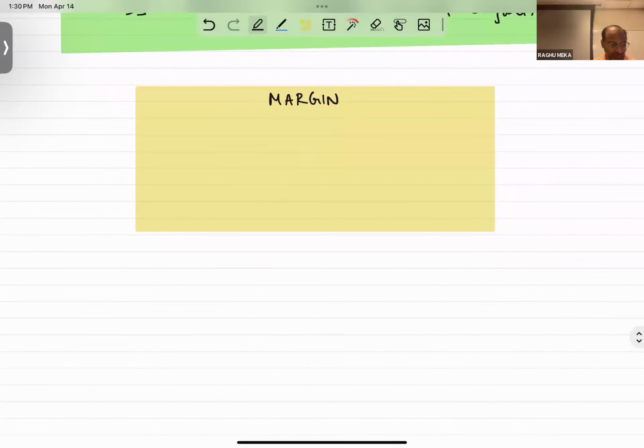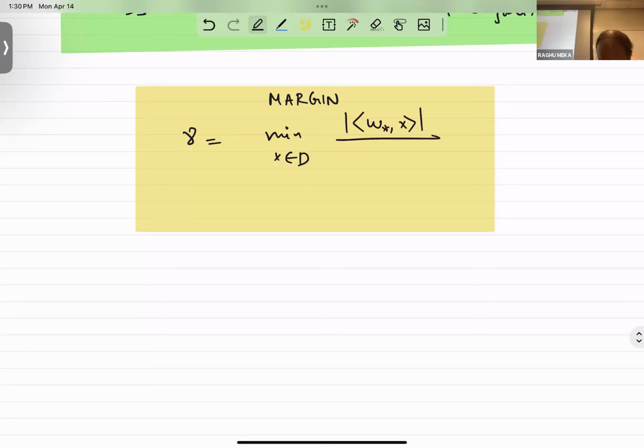So margin is exactly this notion. It's usually denoted gamma, and the assumption is that none of the data points is very close to the separating plane. The right way to quantify margin is to scale things so that it's scale invariant. You have the slab around this hyperplane, and none of the points are very close to it.